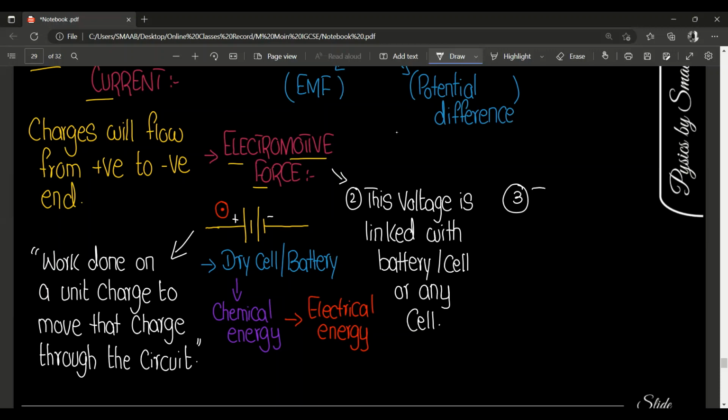Okay, and if we discuss the SI unit, the SI unit of EMF is equal to voltage, because this is a quantity of voltage, and voltage can be represented with the symbol V, right? So the SI unit is the volt, V, and the voltage is linked with a battery and cell or any source.